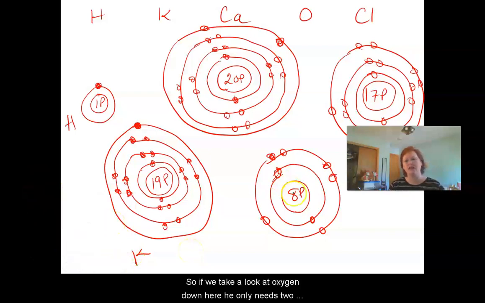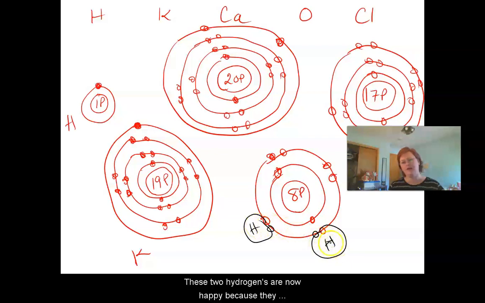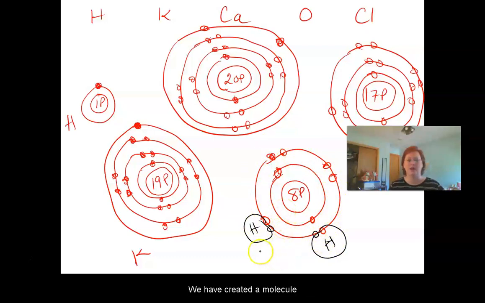If we take a look at oxygen down here, it only needs 2 more electrons. So we could stick a hydrogen there and another hydrogen there. These 2 hydrogens are now happy because they each have 2 electrons. And my oxygen is now happy because its valence shell is full with 8. And we have created a molecule of water.